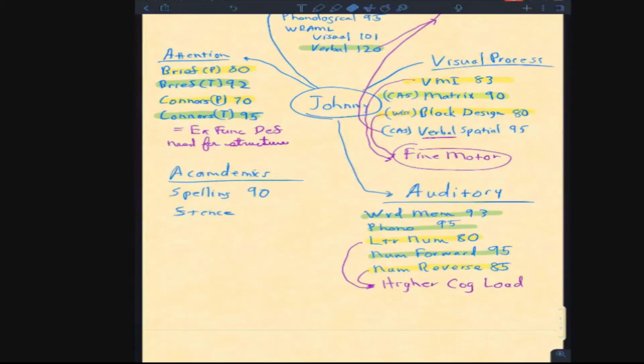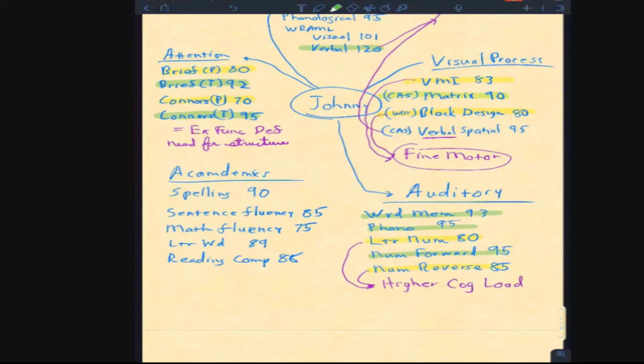Slow down. 85, math. 75, letter word identification. 89, reading comp. 88.